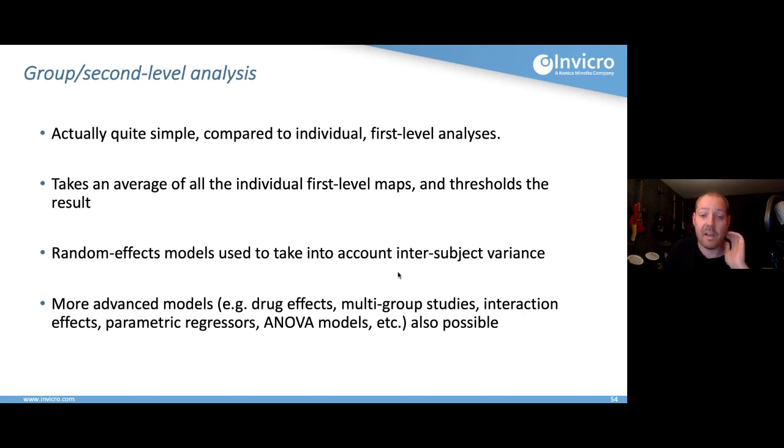It's basically just taking all of your individual first level analyses and doing an average across them. But you can use random effects models to take account of the inter-subject variance, and you can do all kinds of more advanced models if you want to model effects of drugs, longitudinal effects, various kinds of complicated ANOVA models, between subjects, within subjects effects. All of that stuff is possible up to a point.